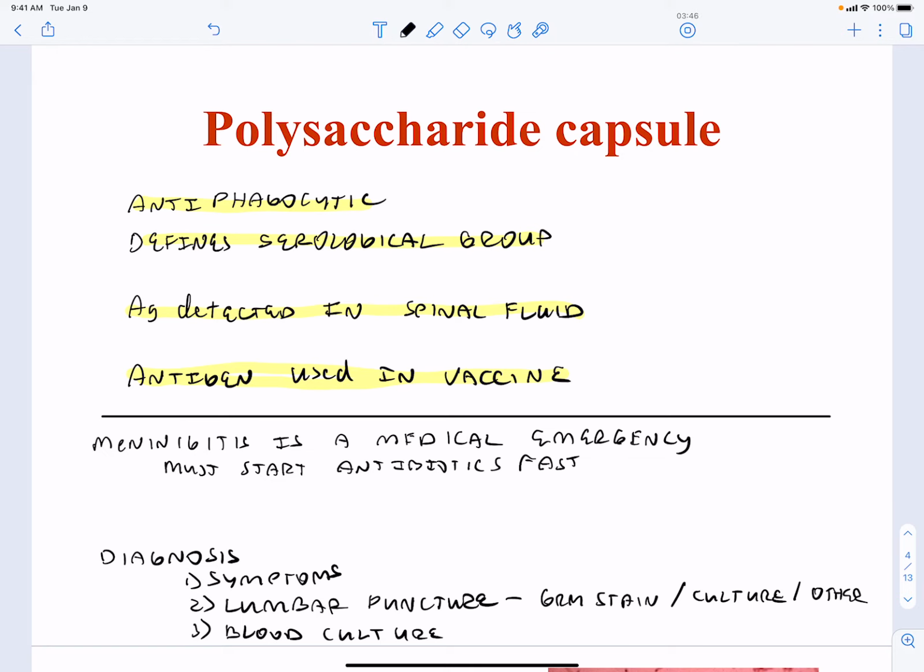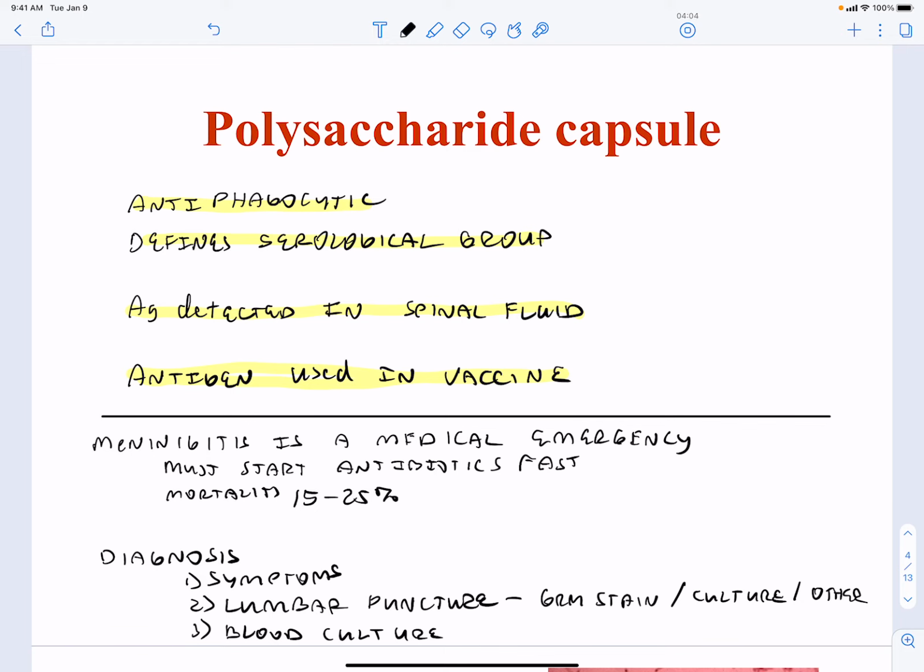The mortality rate is going to be about 15 to 25%. And even with antibiotic treatment, you can still have death associated with meningitis.